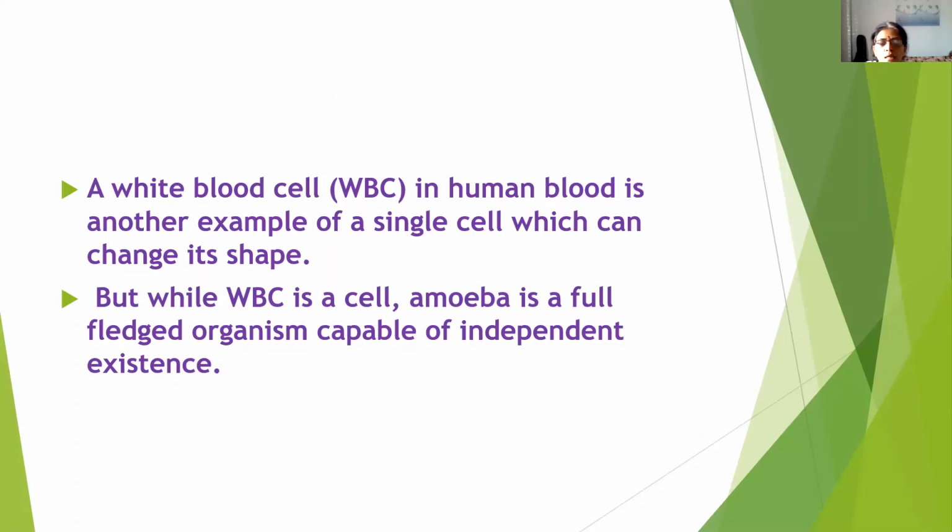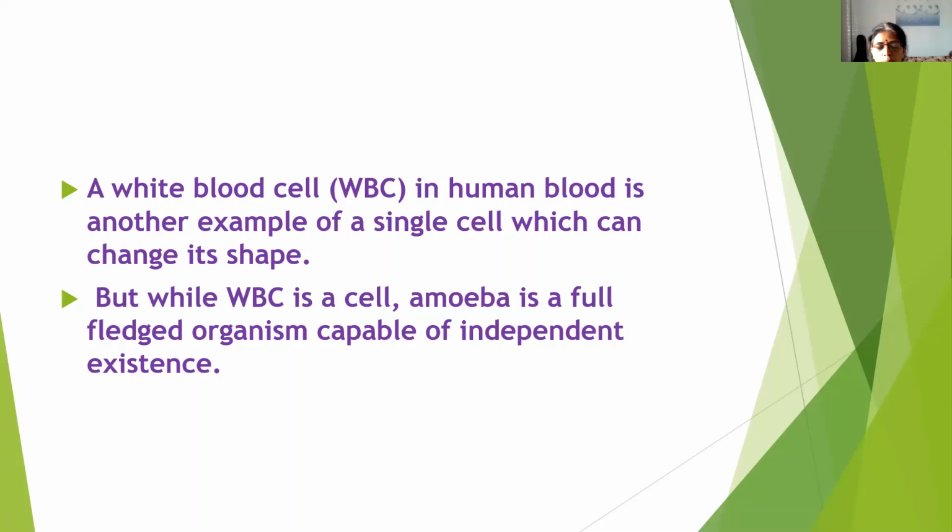Now, next is another example of a cell which changes its shape: the white blood cell. So white blood cell, or WBC, in human blood is another example of a single cell which can change its shape. But here WBC is a single cell, while amoeba is a full organism whose body is made up of a single cell.